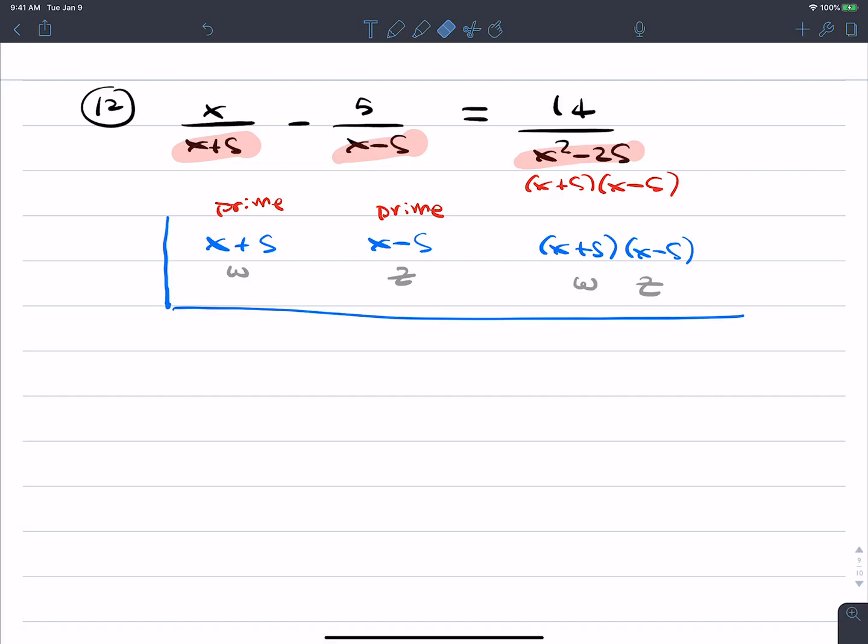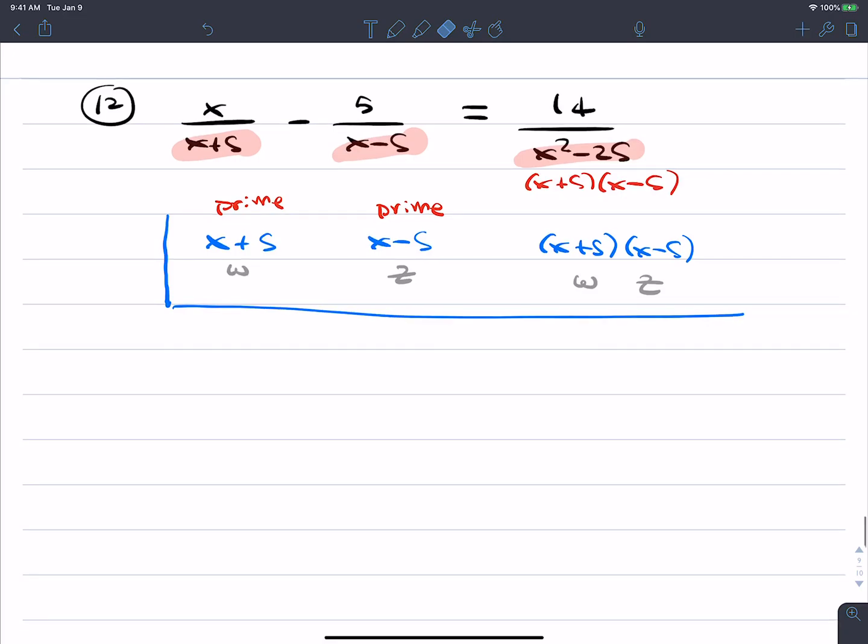So can we do the procedure a lot easier with this? The answer is yes. Give me a prime that goes into at least two of these terms. What prime goes into W, Z, or W times Z?